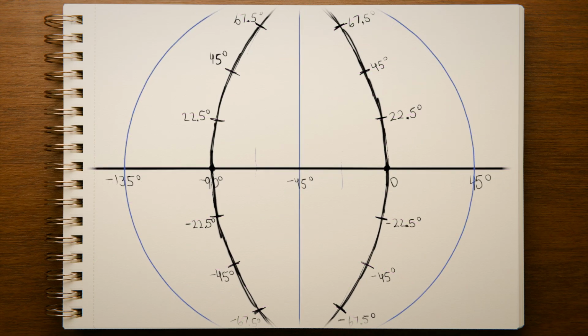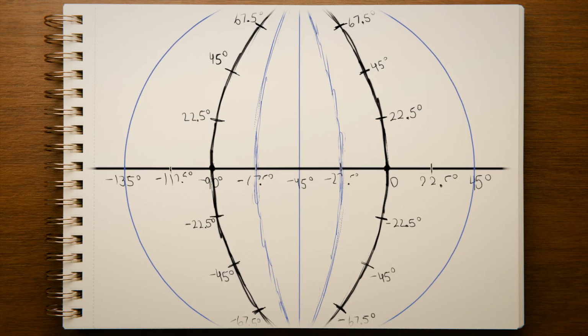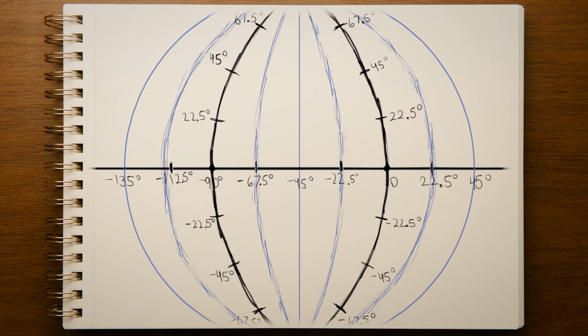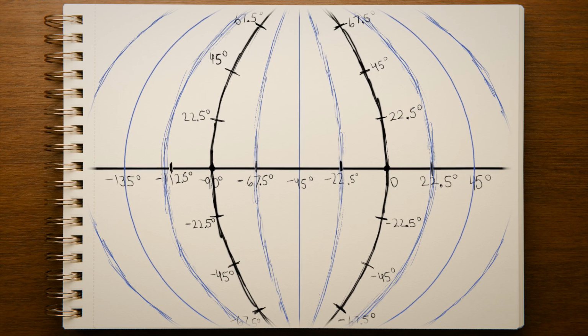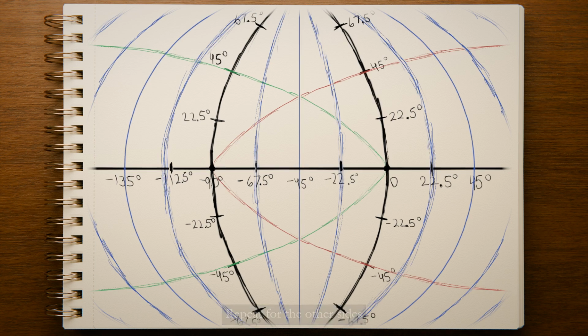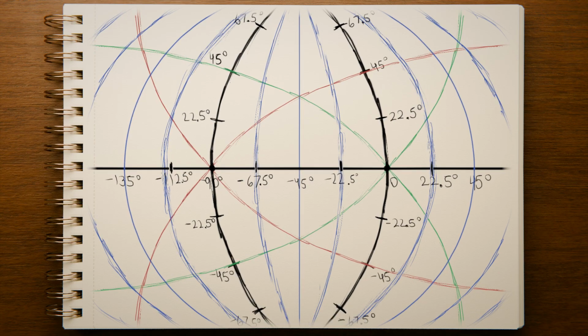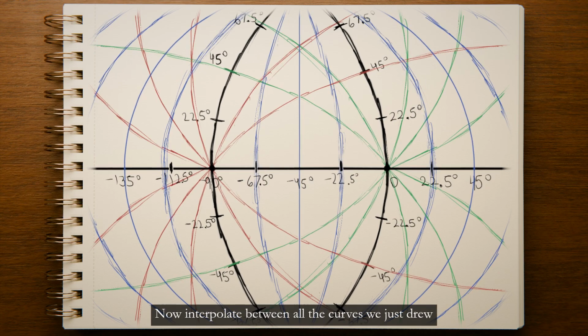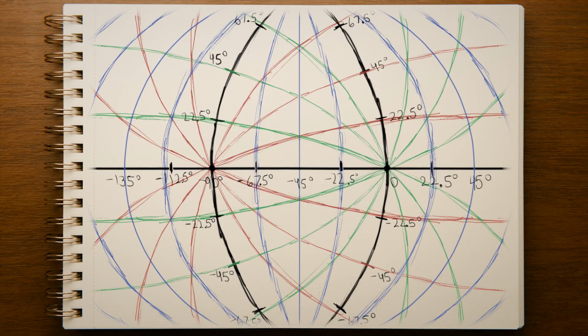Anyways, now we can interpolate the lines again to kind of feel out how the grid lines should go. And you can continue interpolating the curves to get higher resolutions just like we did with the 5-point perspective grid.